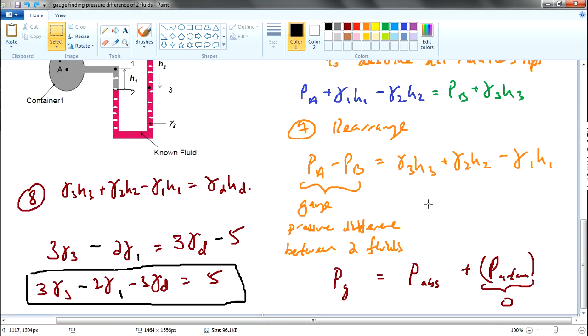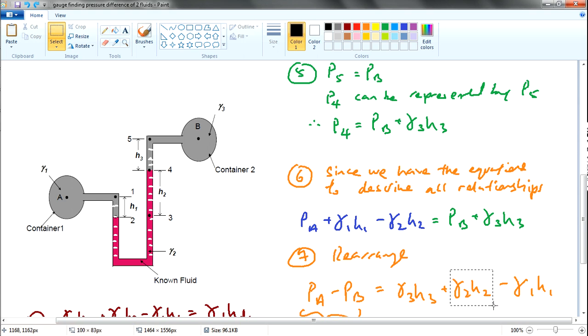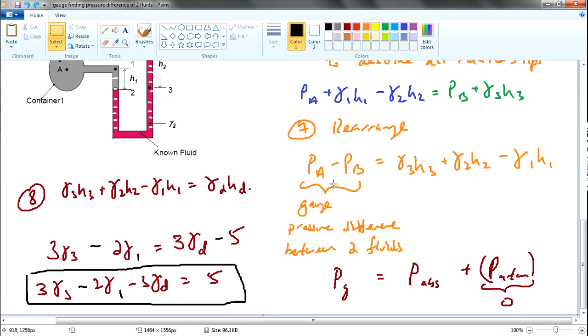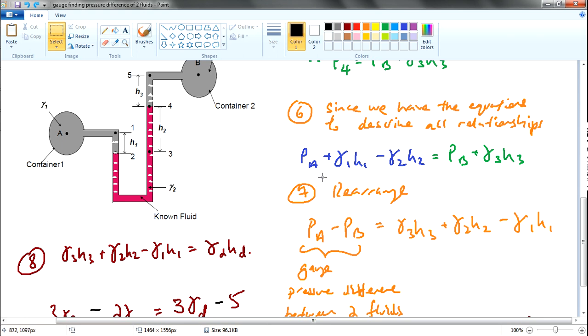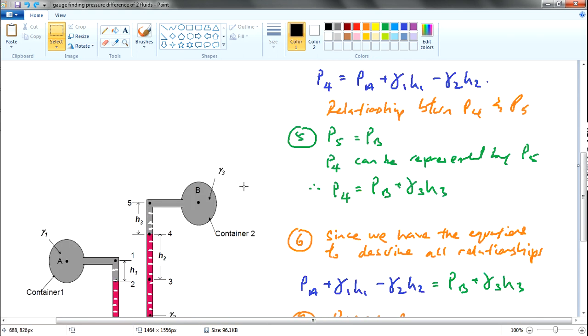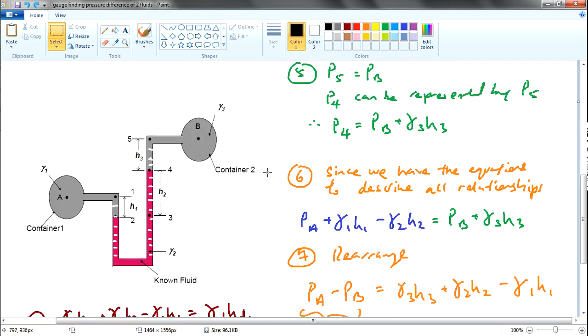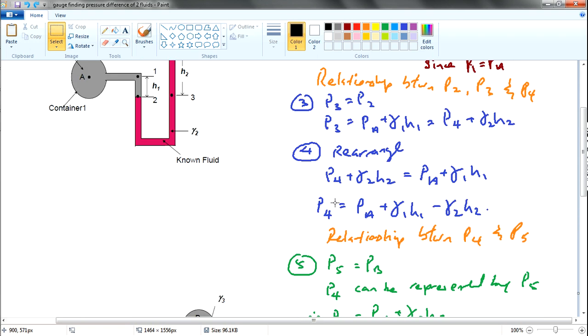So we have 1, 5, and then 2, this is point 2 should be. I think you know what I mean. If you work everything out, you will feel that your equations are correct because you have incorporated all of the points.